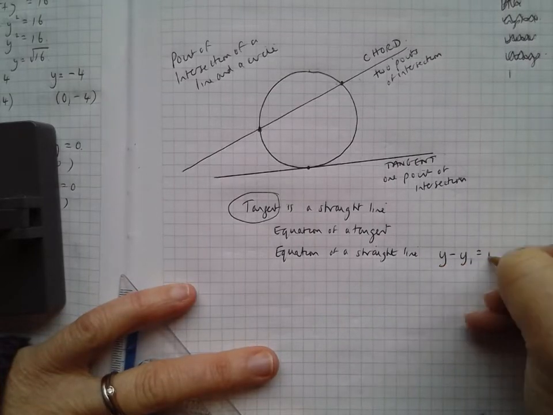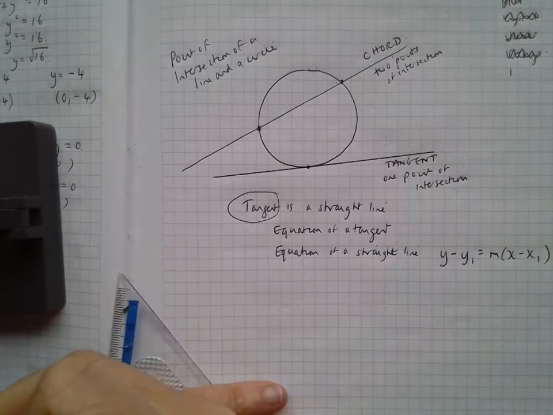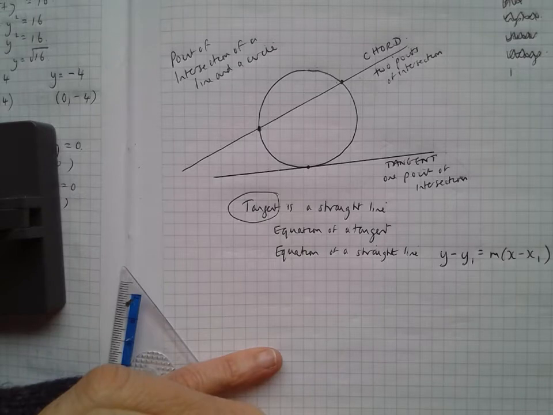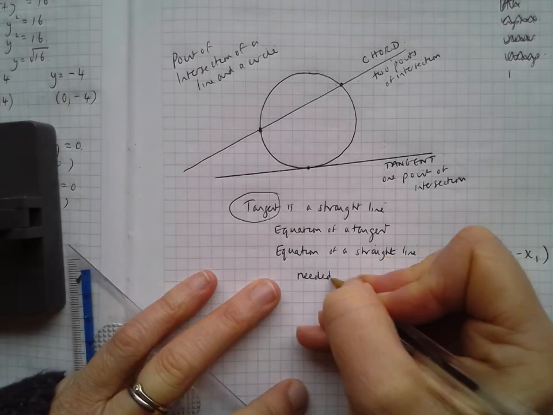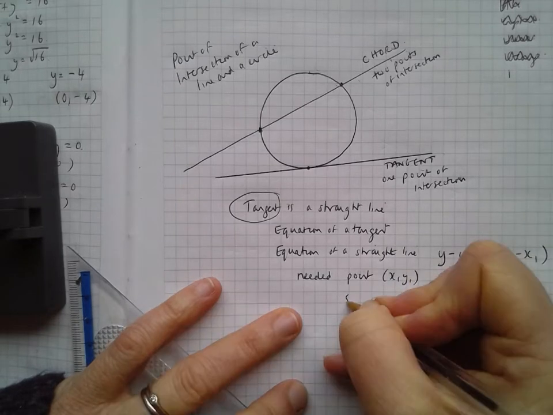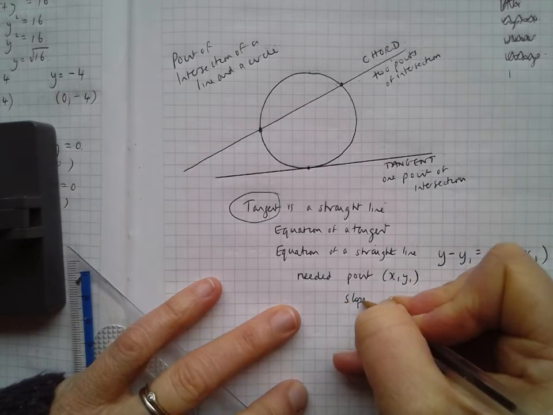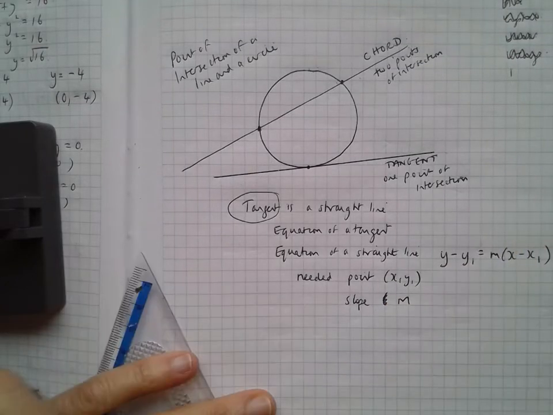Now again, what did we need to find the equation of a straight line? We needed a point, which we called x1, y1, and we needed a slope, which was called m. There's our point x1, y1 we subbed in, and there's our slope m.